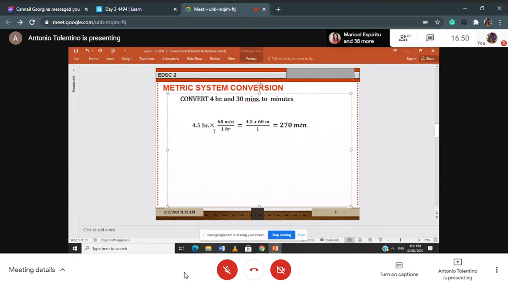Denominator na ha. Then, makancel ni si hour. Ang next step is si 4.5 times 60, minutes. 4.5 times 60 is equal to 270. So the result is 270 minutes.